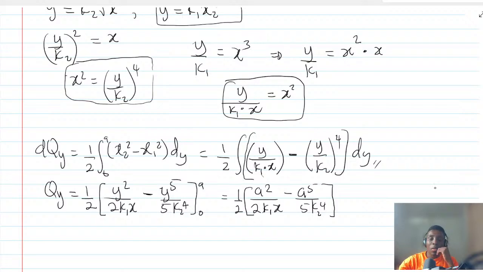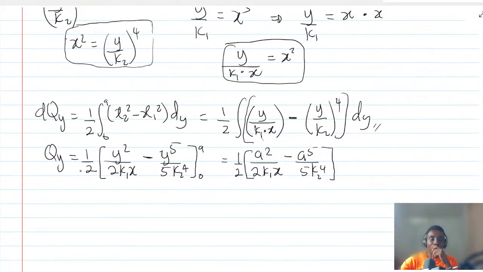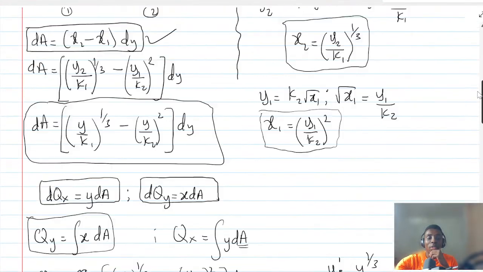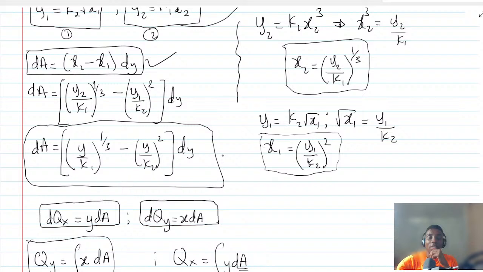All right. So, interestingly, we need to find the area. And the area is actually the integral of dA. So I want to leave this to you to continue. Now this is dA, which is the area.